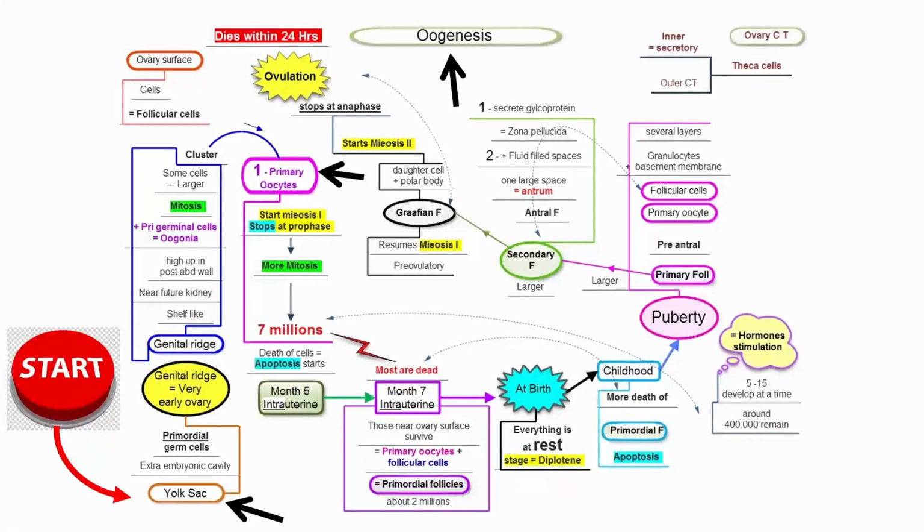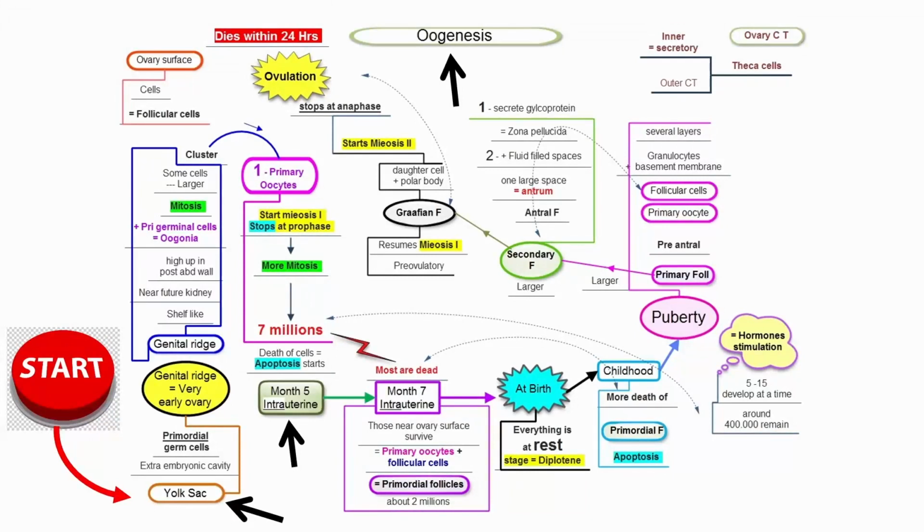What is apoptosis? It is programmed death of cells. Then we come to 5 months while the embryo is inside the womb.